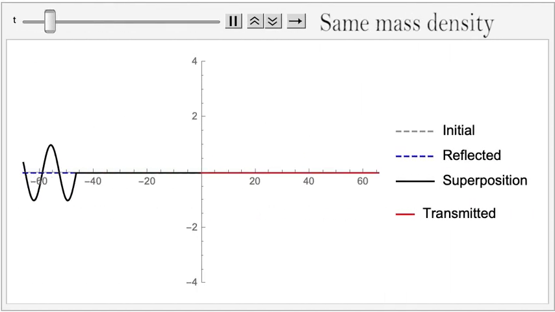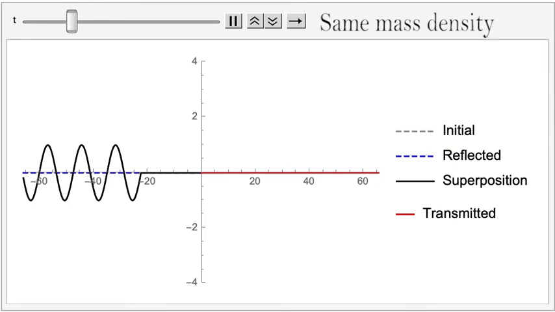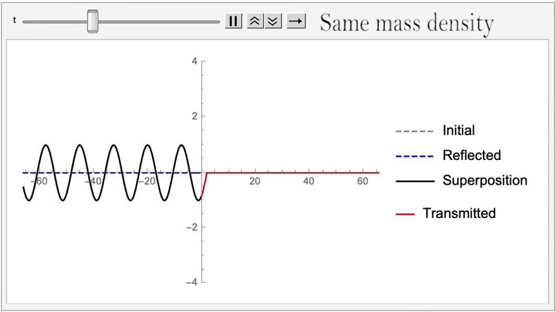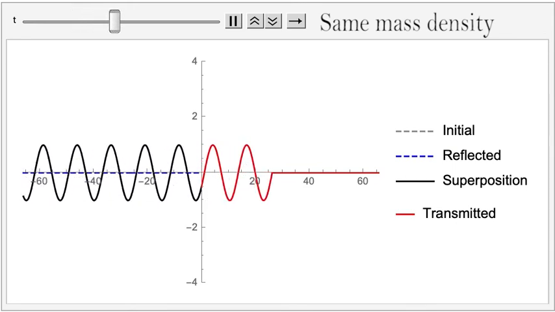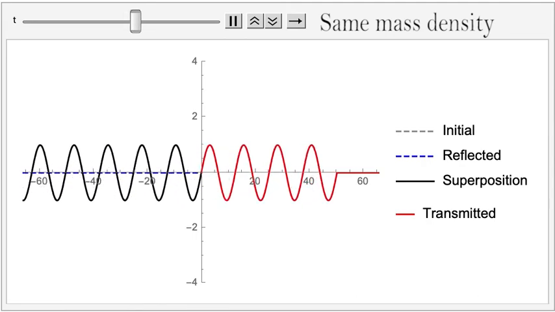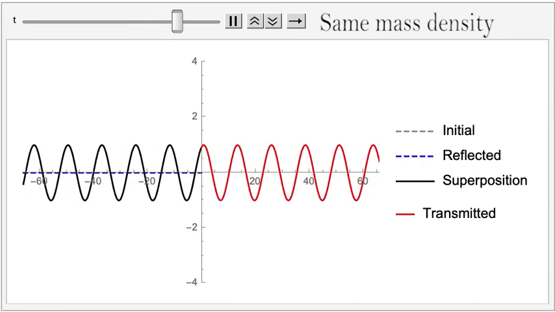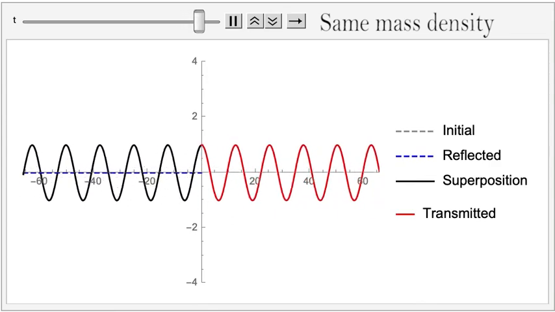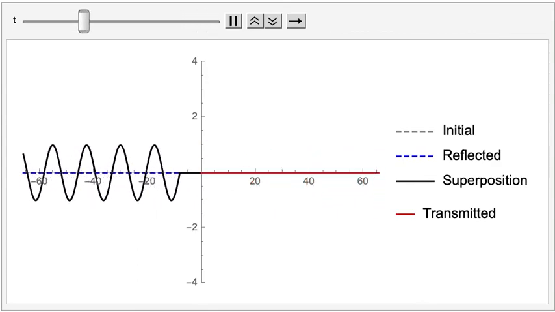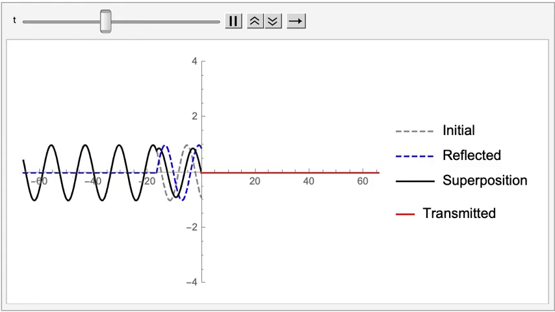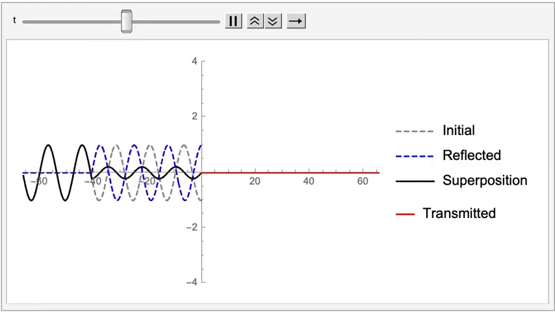In the next animation, the two strings have the same mass density. As you can see, the initial wave is just transmitted through, and the reflected wave has zero amplitude. The final animation shows a scenario where the strings have fixed ends.